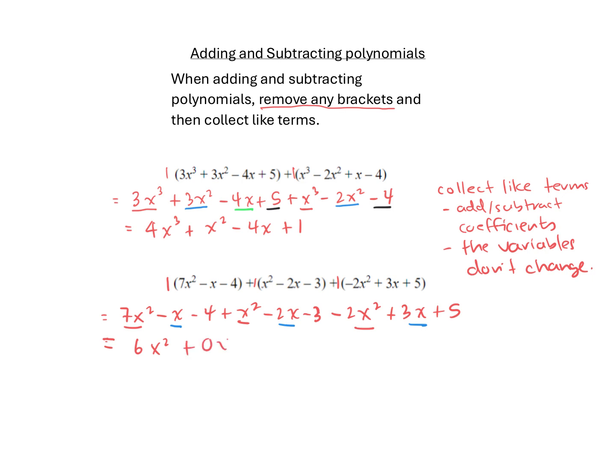So we don't have any x's. I'm just going to write a 0 for now. Then we have a minus 4, a minus 3, and a plus 5. So that is negative 7 plus 5 is negative 2. So I don't really need the 0. So we'll just write it as 6x squared minus 2.